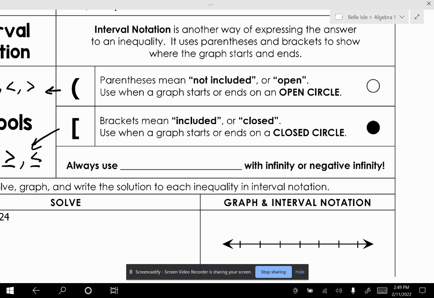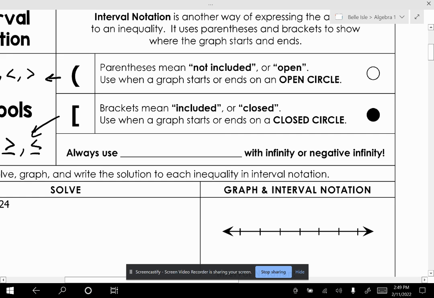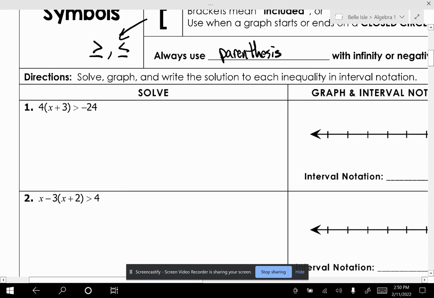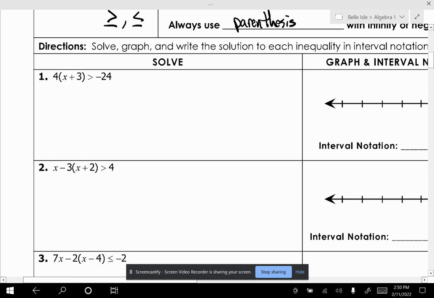The closed circle means we will be including those values. Always use parentheses with infinities and negative infinities. So, number 1, we have 4 times the sum of x plus 3 is greater than negative 24.